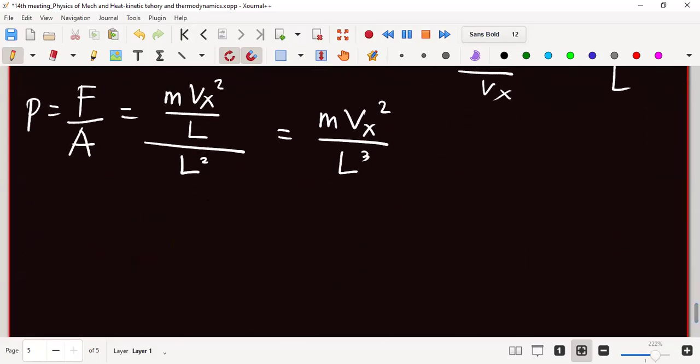And if there are more than one, of course there are N molecules.